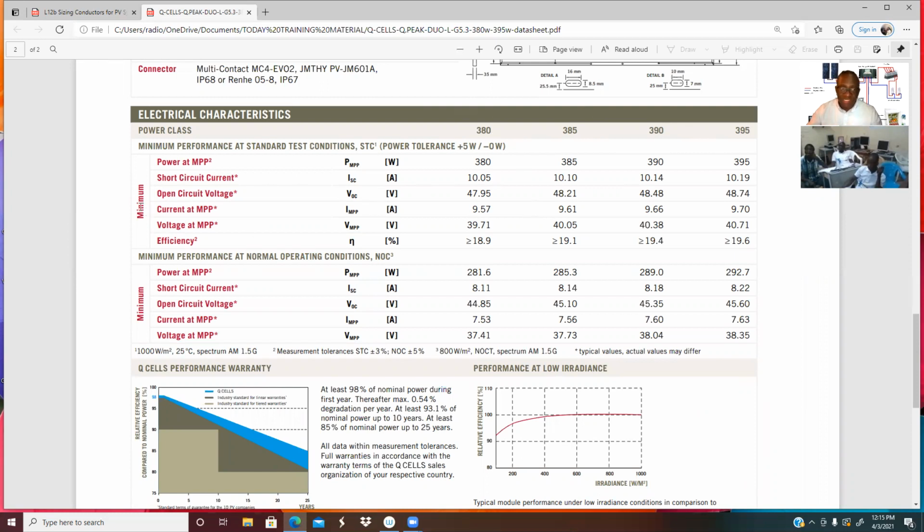But they did not give us the maximum, they just gave us the minimum. You see it? So we have to do our own calculation to find the maximum, to be able to account for the irradiance. So now we know that.